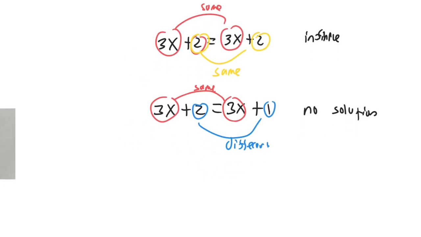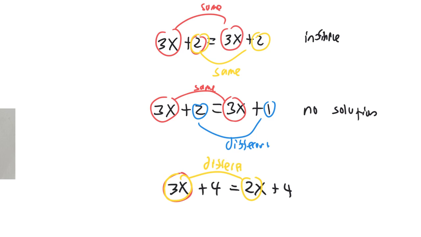And any time you have these right here being different, I'll use a different color for that. If these are different, the terms with the X in it are different, then that's one solution.